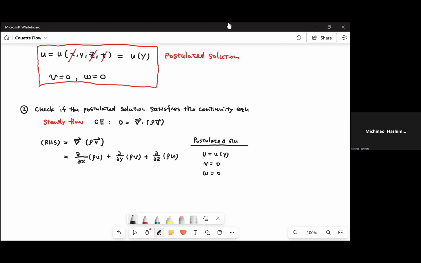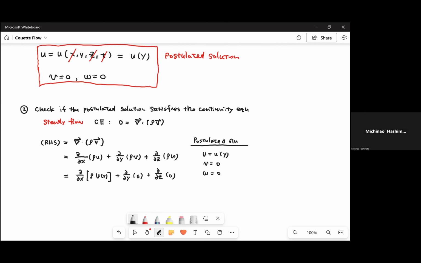The first part is d/dx of rho times u of y, plus d/dy of 0, plus d/dz of 0.